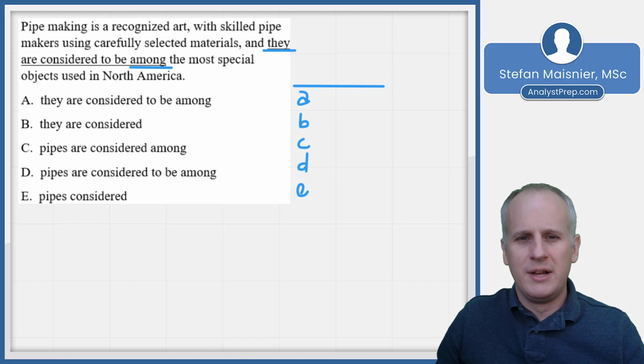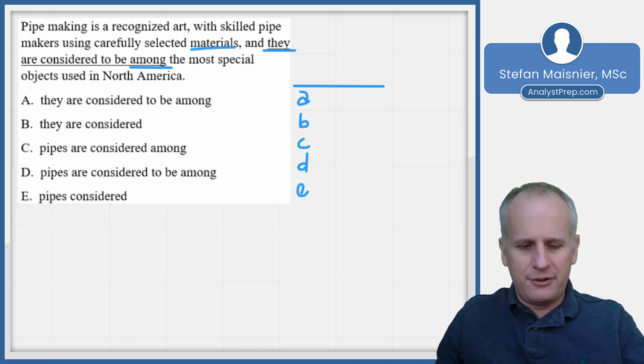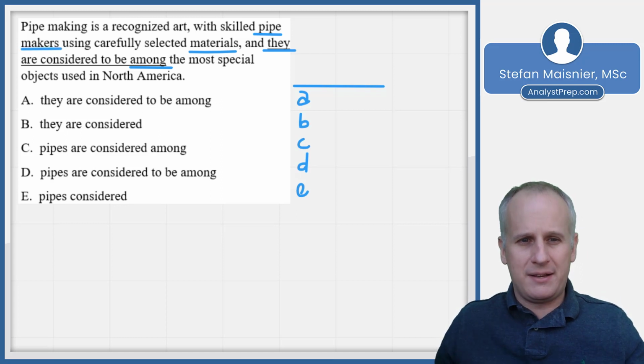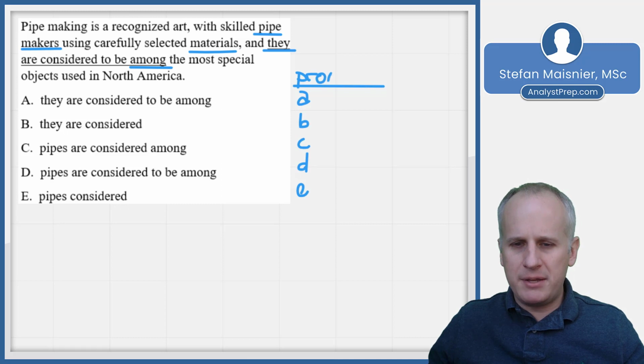And if we go before the they, we find materials, and we've got pipe makers. Now, the materials are used to make the pipes. They themselves are not the most special objects used in North America, or among the most special objects. And of course, the pipe makers, we shouldn't call them objects either. So we've found an ambiguous pronoun in the idiom lesson.